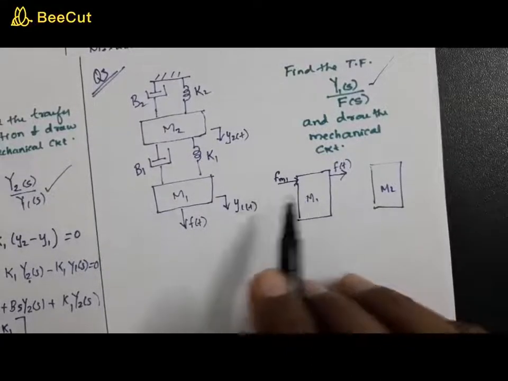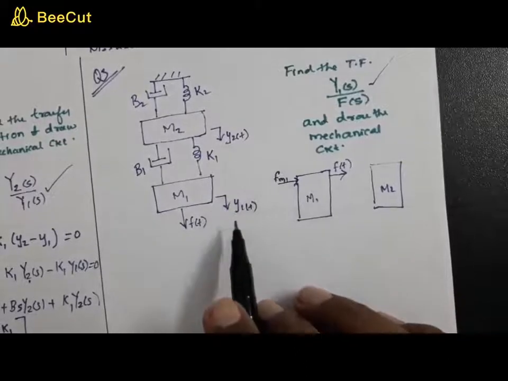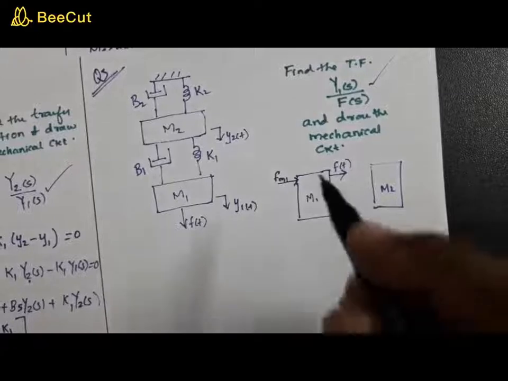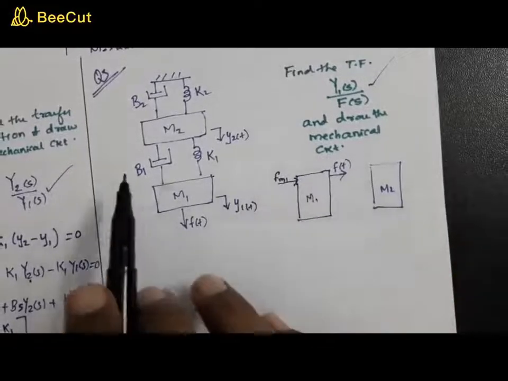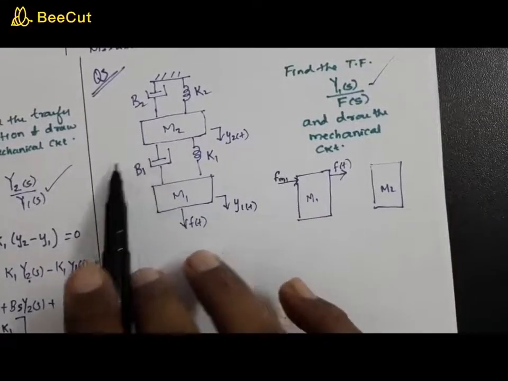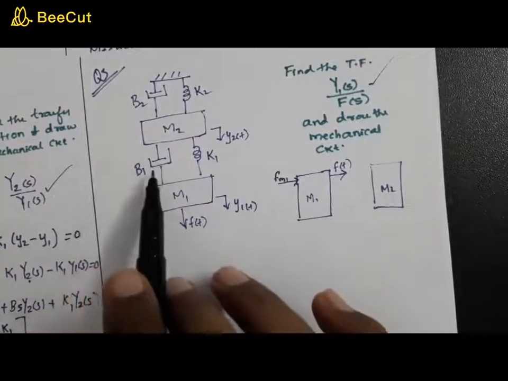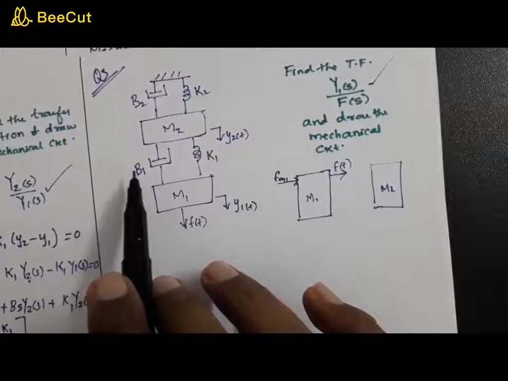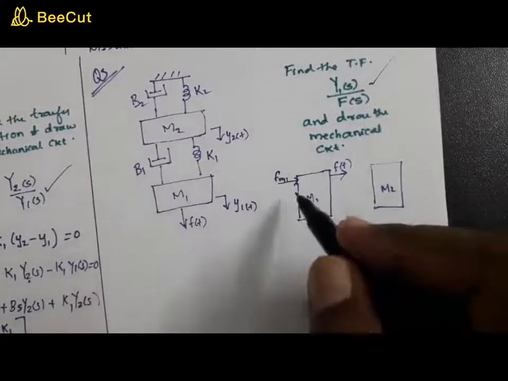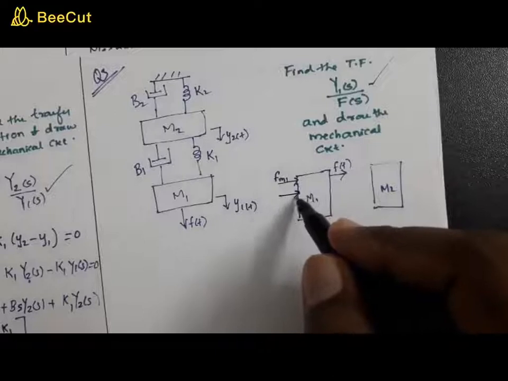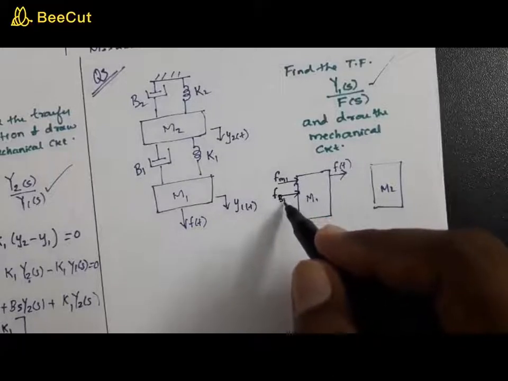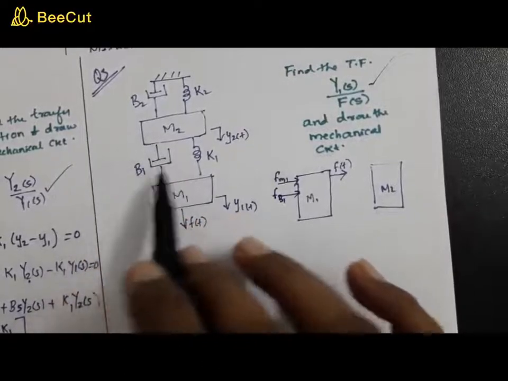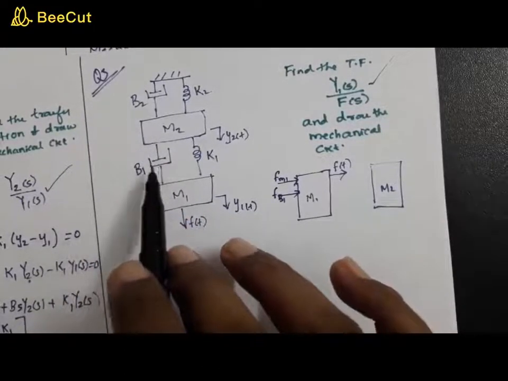That depends on the acceleration due to this displacement y1 of t. We'll come to that later. Now, what about B1? B1 is a damping force, and let's call this fb1, which denotes the force due to the damper, the dashpot damper.